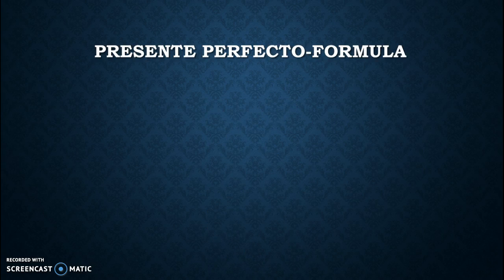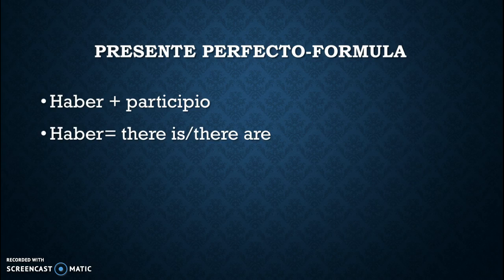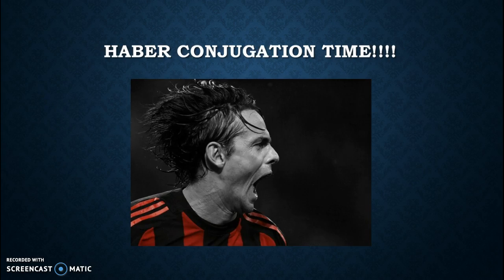So, here's the formula. It is haber plus participio. Remember that haber is there is and there are, which is basically all of what we've learned thus far. But now we get to conjugate it. In the past, we've only learned hay and that there's no conjugations other than that. Well, now there are conjugations, so it's conjugation time.